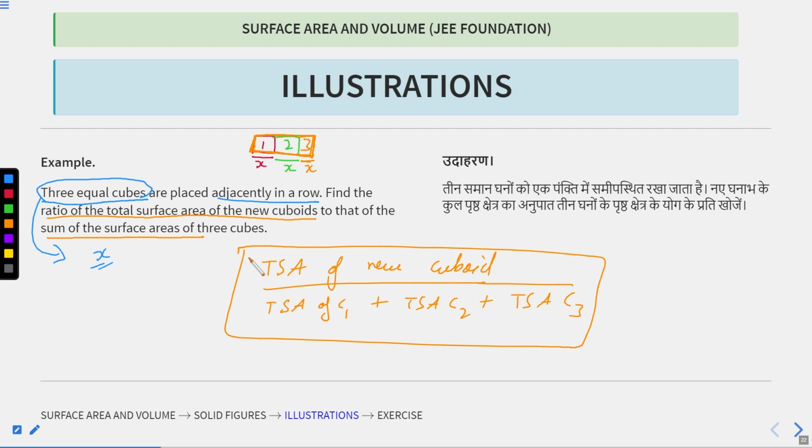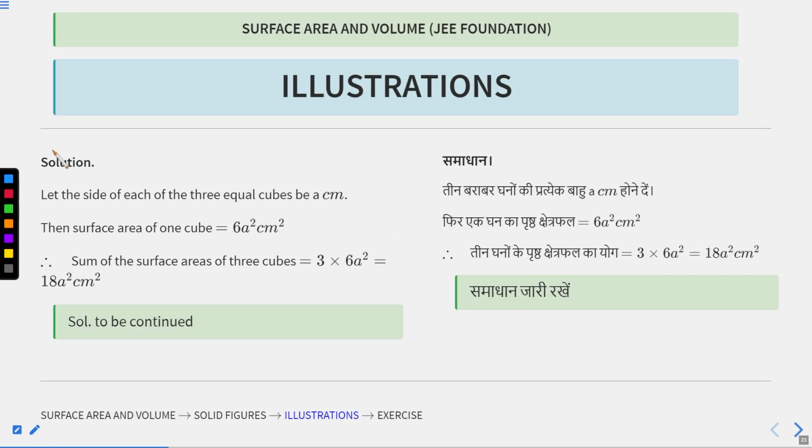So let's see how we are going to find it. First of all, let's assume that the side of each of the three cubes is a centimeter. So we are taking a as our side. If you recall, the formula for the surface area of a cube is 6 side square, and here the side is a.